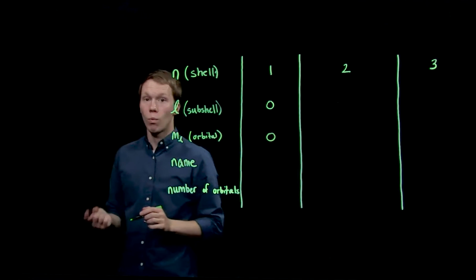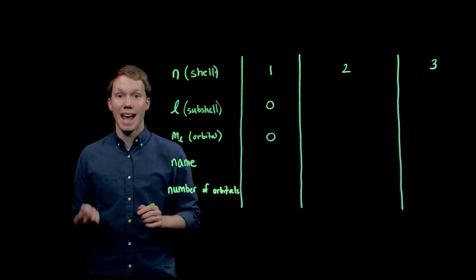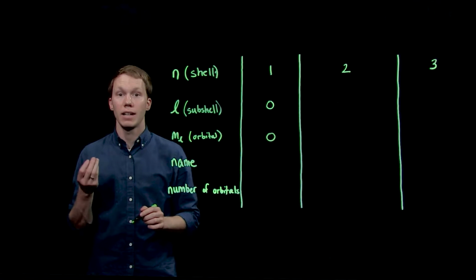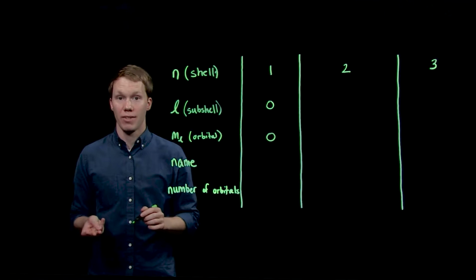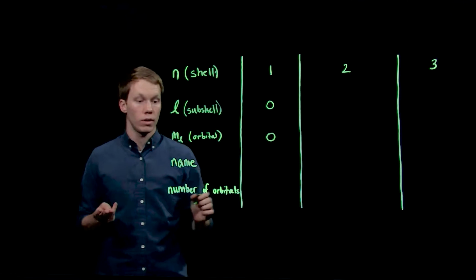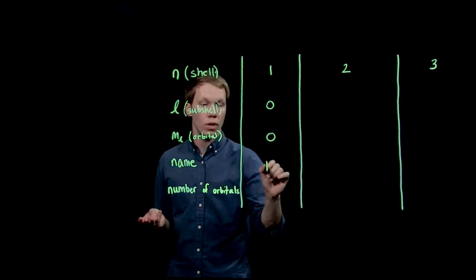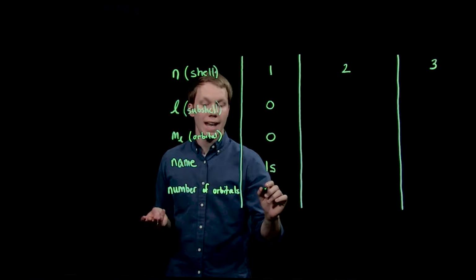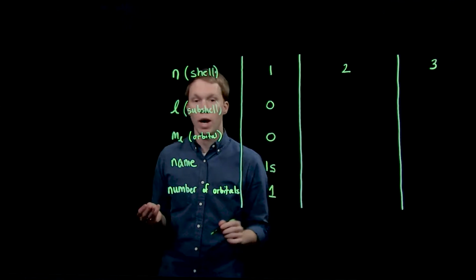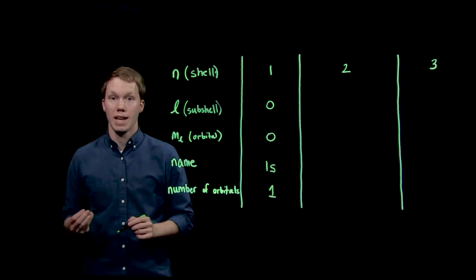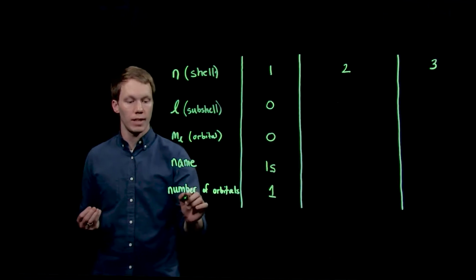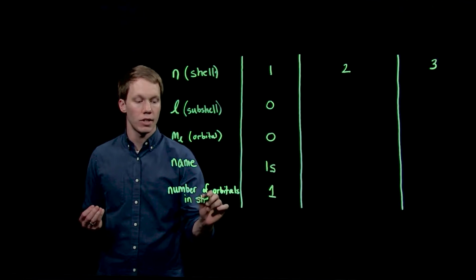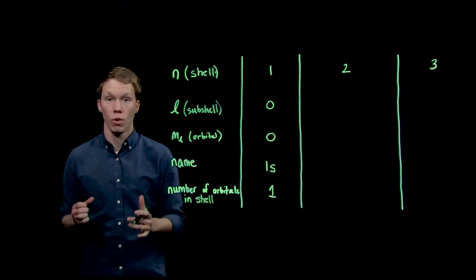So I have one orbital in the s subshell in the n equals 1 shell. So there's one orbital total. We call this orbital the 1s orbital, and there is only one orbital in the n equals 1 shell. And let's clarify that I'm talking about in the shell total number of orbitals.